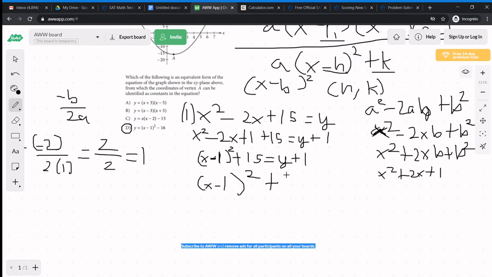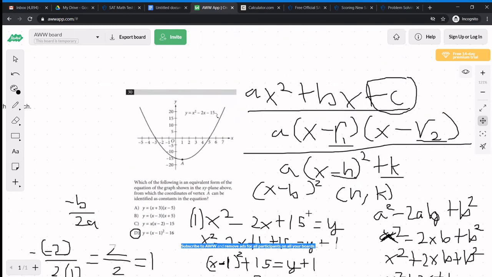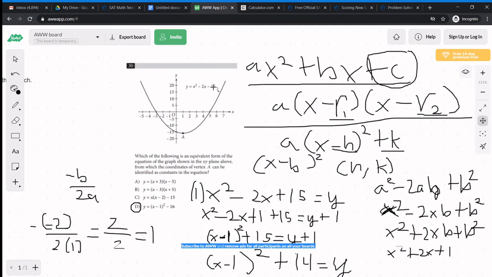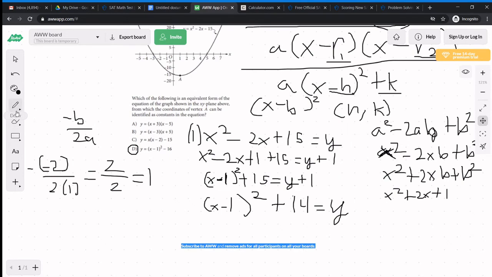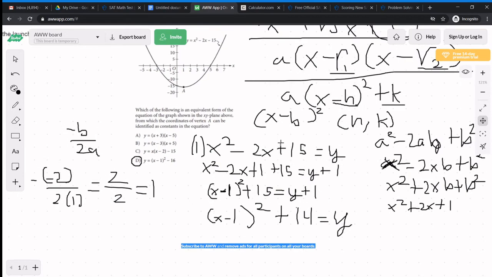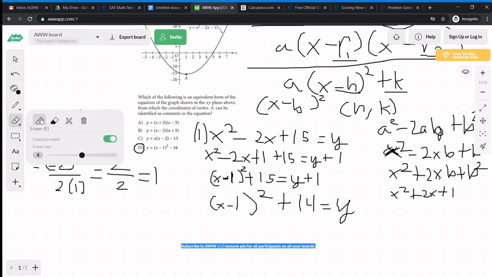Sorry, now we have to subtract 1 from both sides. Oh, it looks like I made a mistake. It says minus 15, not plus 15. Oops. So it doesn't change too much.